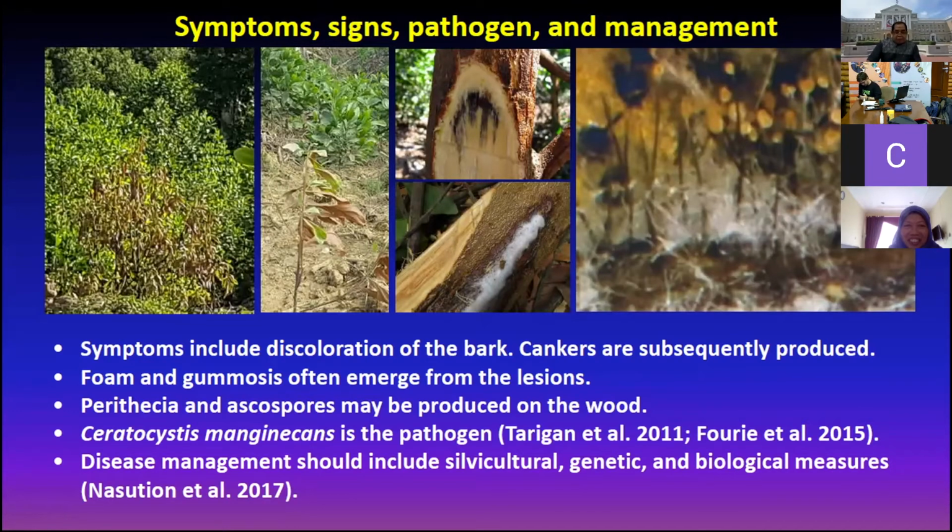Symptoms include discoloration and cankers, and foam and gummosis often emerge from the lesion. Perithecia and ascospores may be produced, and the pathogen species has been identified as Ceratocystis manginecans. The disease is managed with silvicultural, genetic, and biological methods.